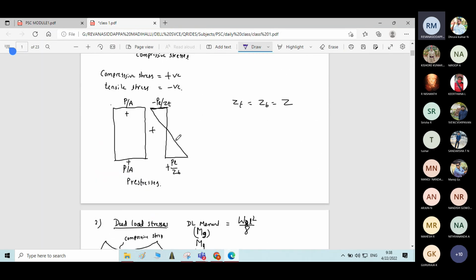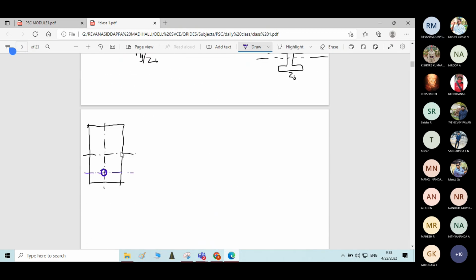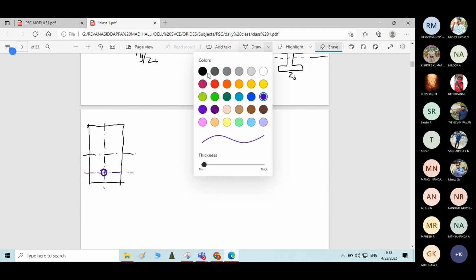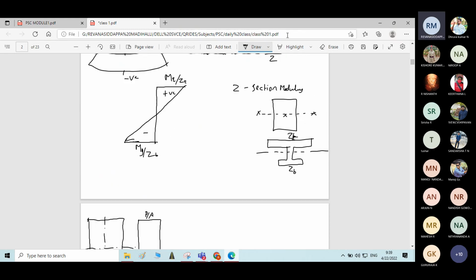So for the stresses due to the prestressing force, there are two kinds of stresses. One is direct stress and the other is bending stress. I'll write both diagrams here. This is the direct stress, P by A. Then there is one more kind of stress, that is bending stress.